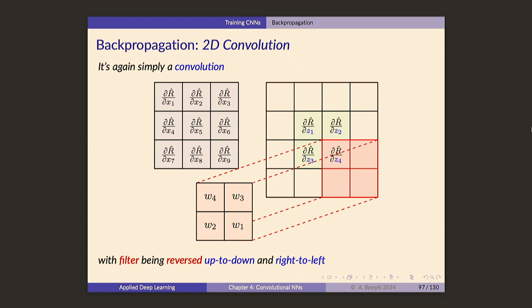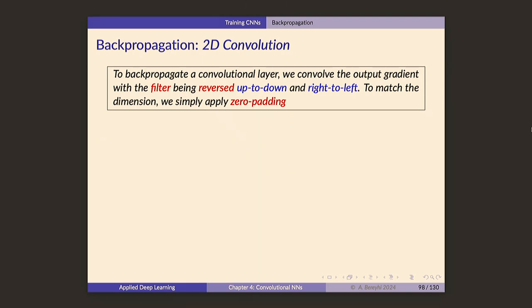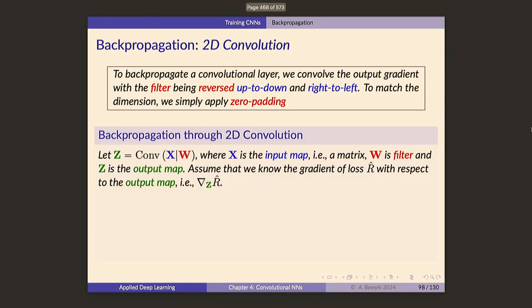Correct? Now, one thing that you might ask me is that, so this is the moral of the story. So just get your output gradient, and then you just convolve it with the reverse version of your filter. And then we can even write it down in a more mathematical form. So say Z is your output here. And we are still talking about a one map tensor, just a single channel tensor. And say this Z is a map output.